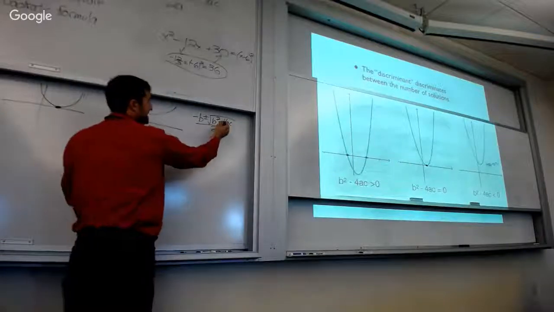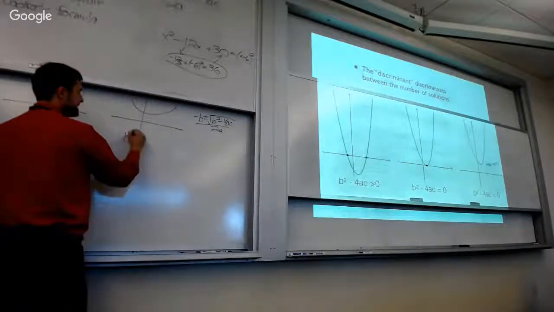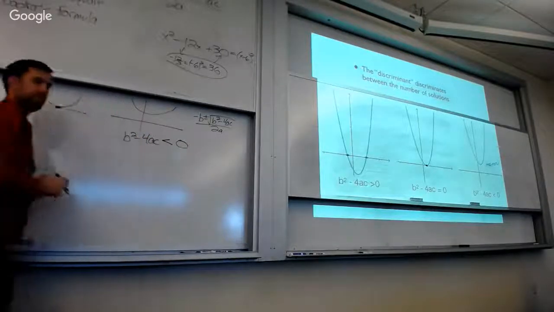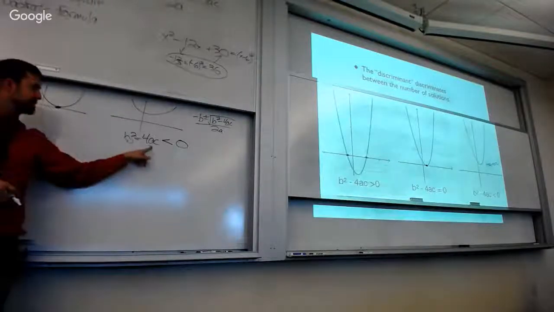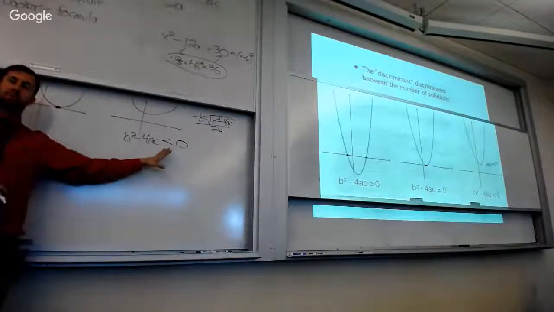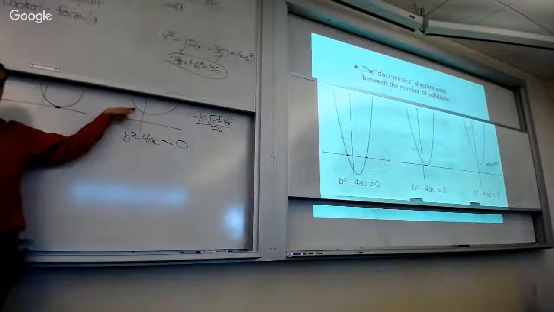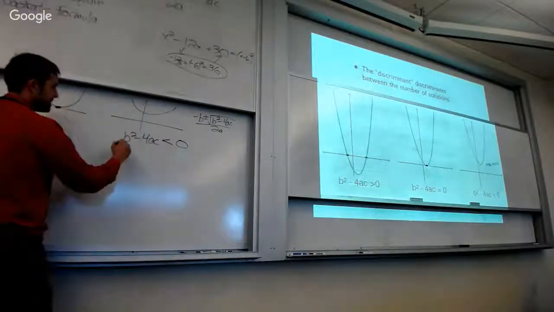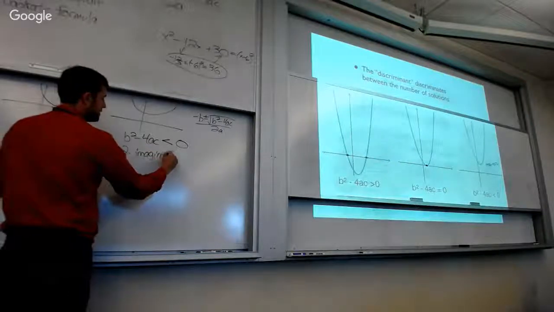So the first thing we could say is, if b squared minus 4ac is negative, then that's the type of parabola we're going to get. I just write b squared minus 4ac is less than 0. But what that really means is that b squared minus 4ac is negative, which means you're square rooting a negative, which means it's imaginary, which means it's floating above. So if b squared minus 4ac is less than 0, we will have two imaginary solutions.